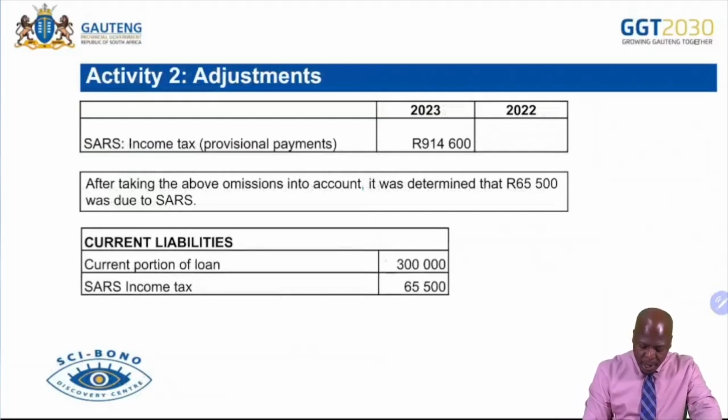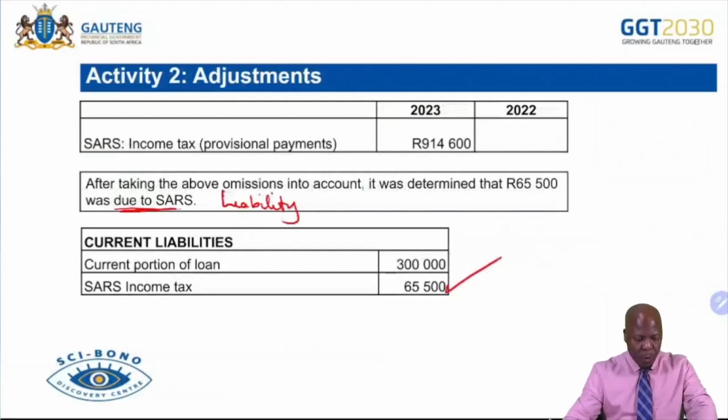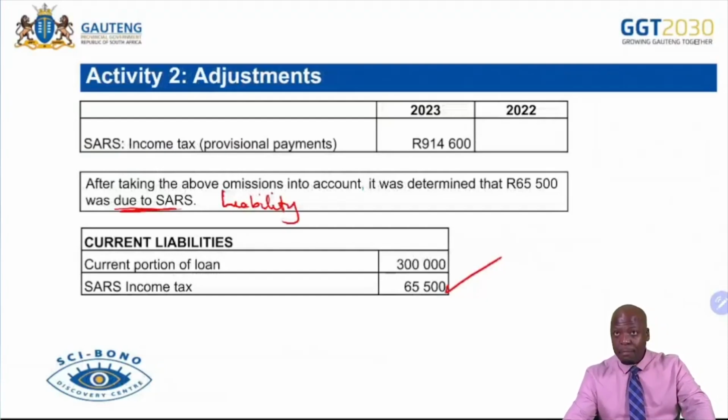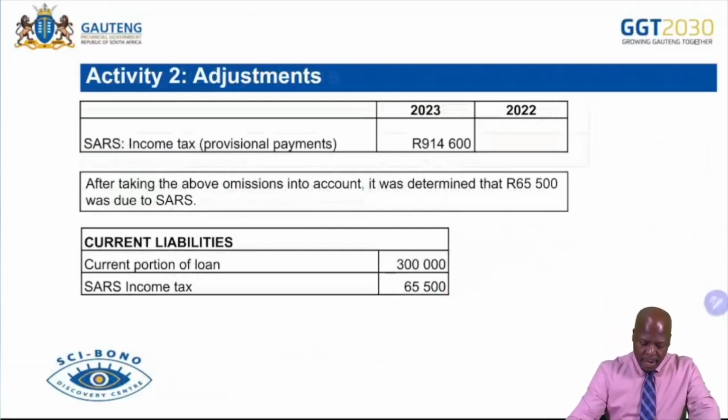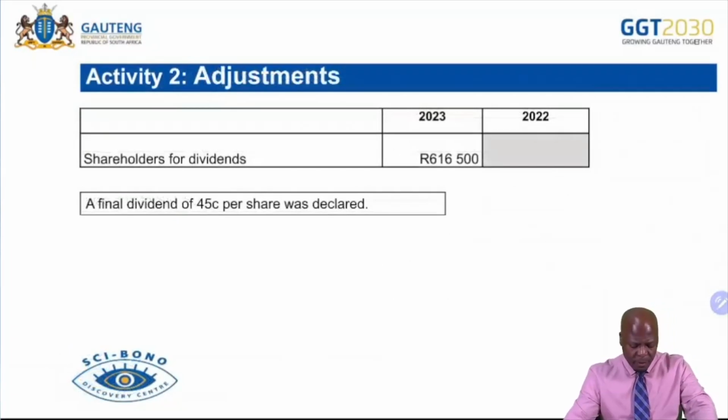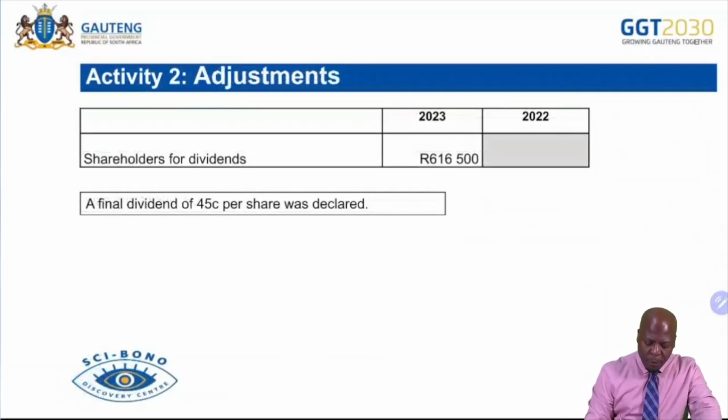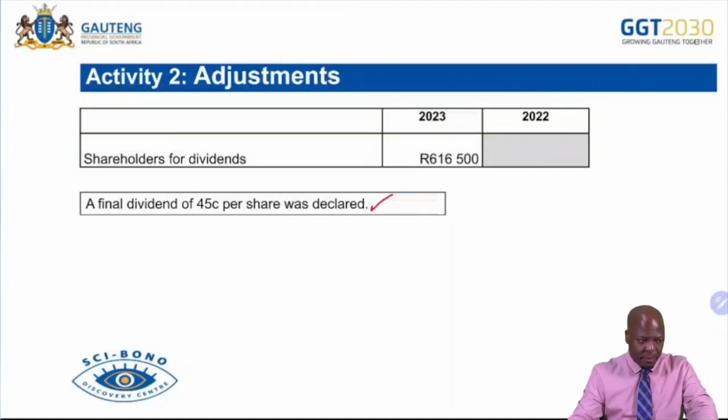We're just going to come due to SARS. That makes it a liability. So once it's a liability, we come here and we have our 65.5.